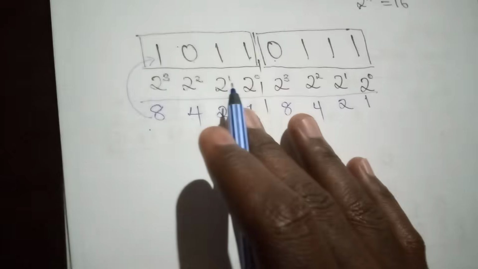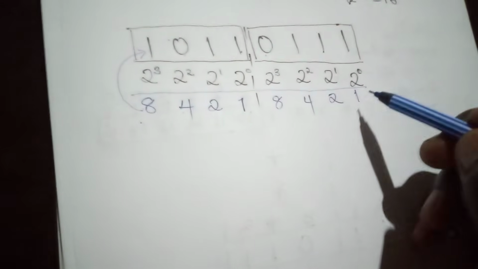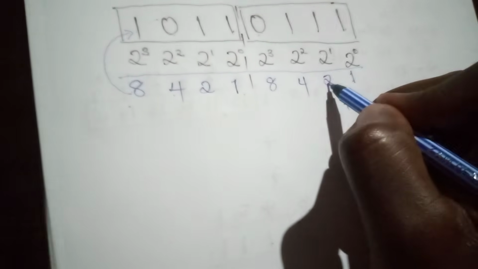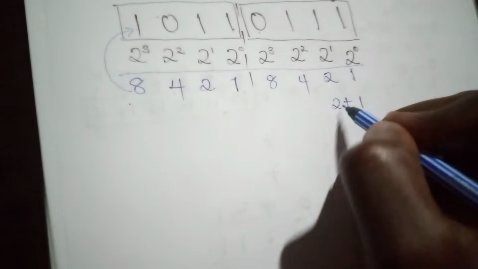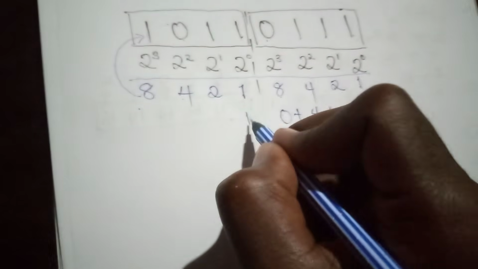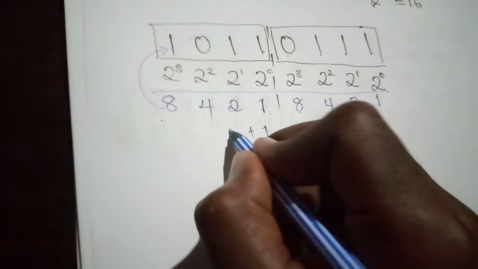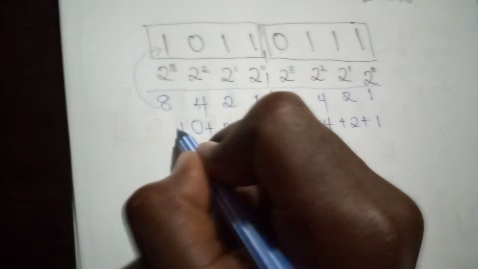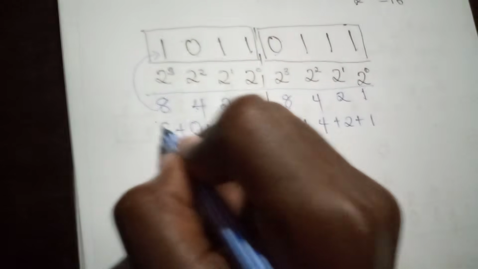So 1 times 1 is 1, plus 2 times 1 is 2, plus 4 times 1 is 4, plus 8 times 0 is 0. I come to this side: 1 times 1 is 1, plus 2 times 1 is 2, plus 4 times 0 is 0, plus 8 times 1 is 8.